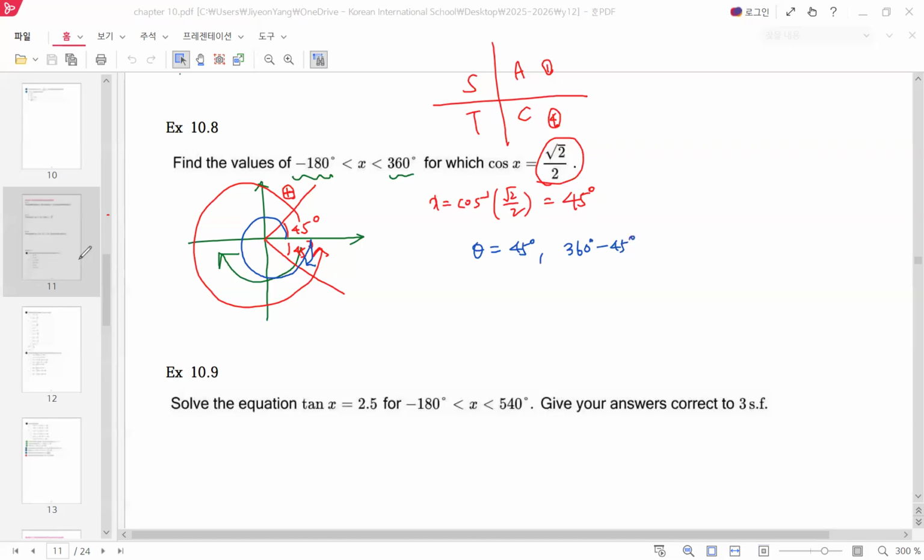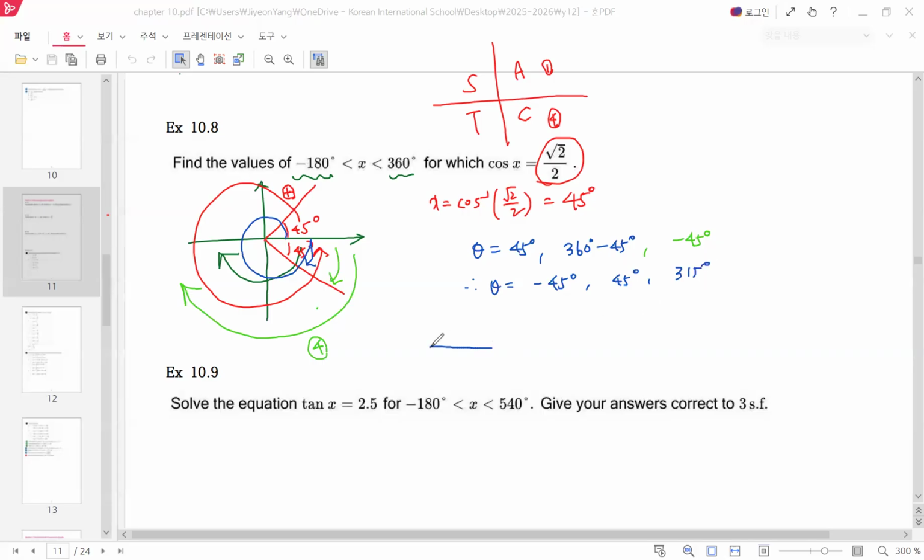In the negative direction, there is a fourth quadrant, so negative 45 degrees. Therefore, theta equals negative 45 degrees, or 45 degrees, or 315 degrees.